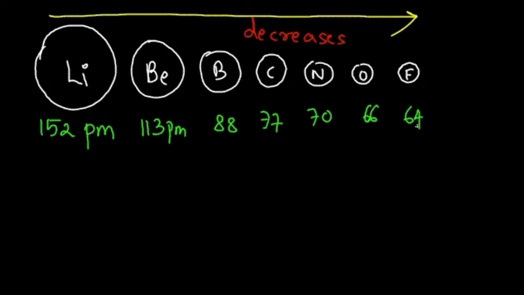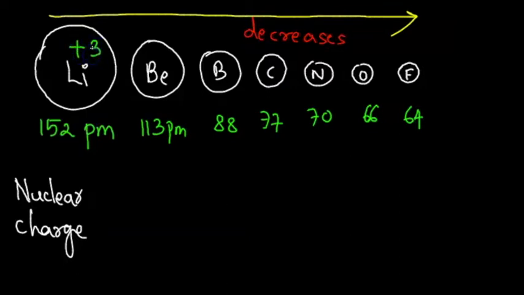Why do atoms get smaller? All of these elements exist in the same energy level, the second energy level. However, as you go from left to right, the nuclear charge is increasing. Lithium has 3 protons, so the charge on the nucleus is positive 3. Fluorine has 9 protons, so the nuclear charge on fluorine is plus 9.